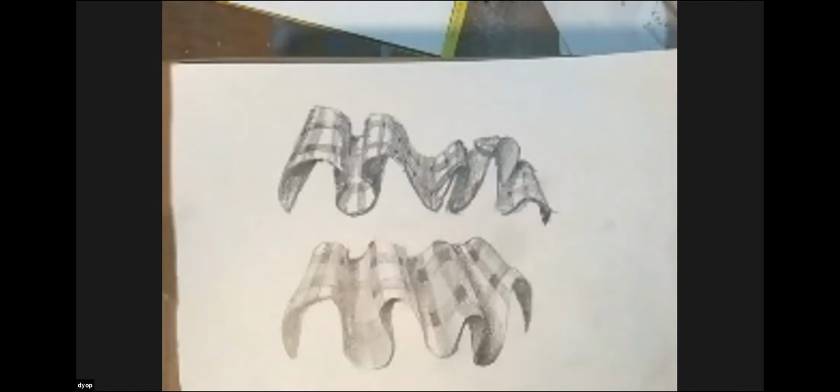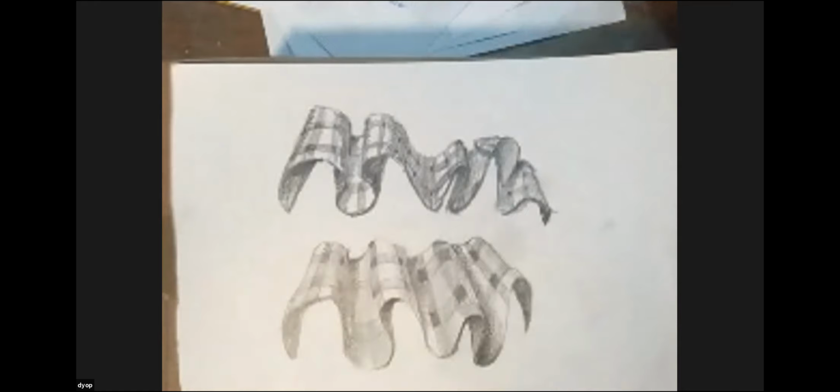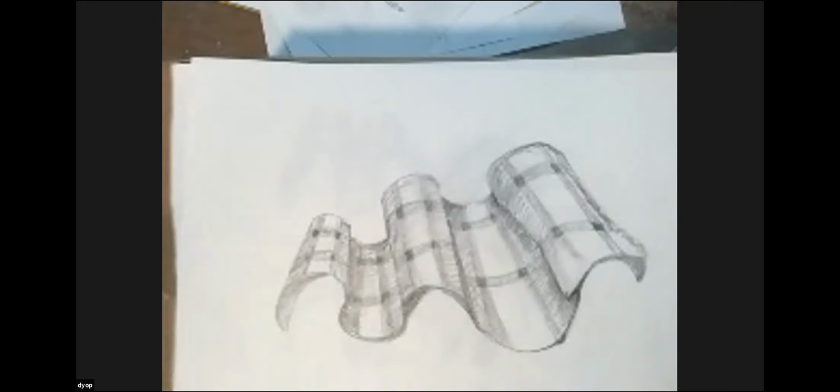I found doing them loosely was fun. See if I have another good one. I tried to make a bigger one at scale. Okay, and I found the places where it crossed over were good indicators.